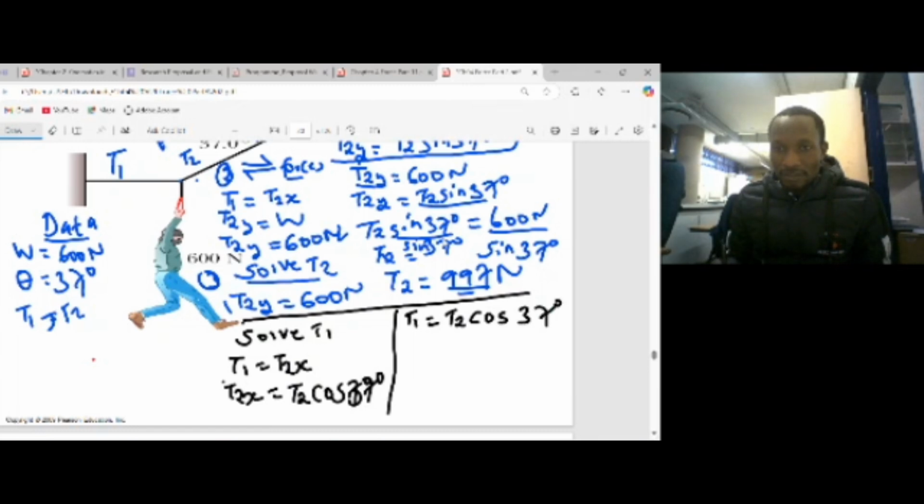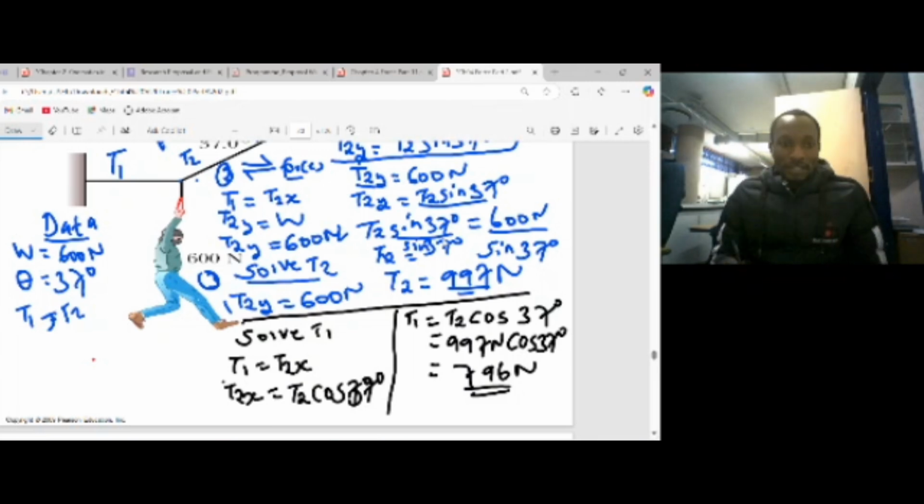We already have the value of T2, which we found to be 997 Newton, so we multiply by cos 37 degrees, and that gives us a value of 796 Newton. We just substitute.